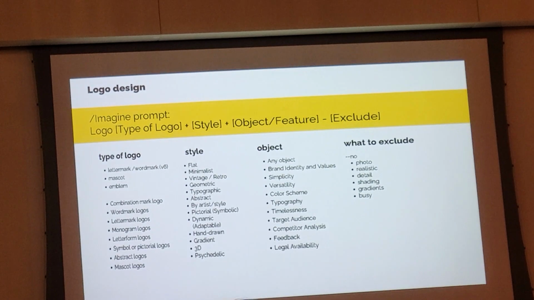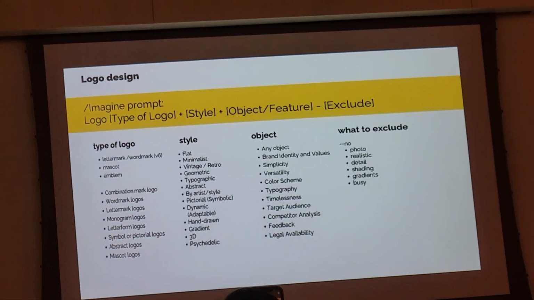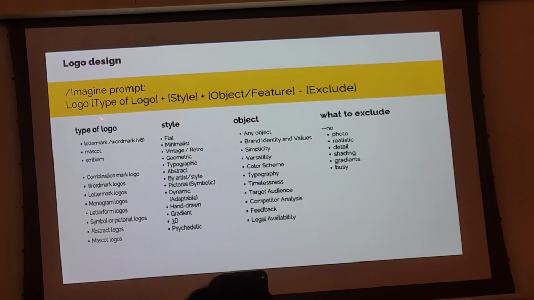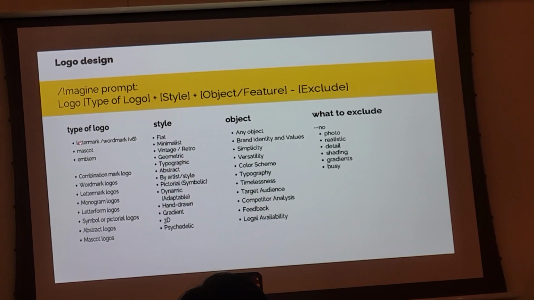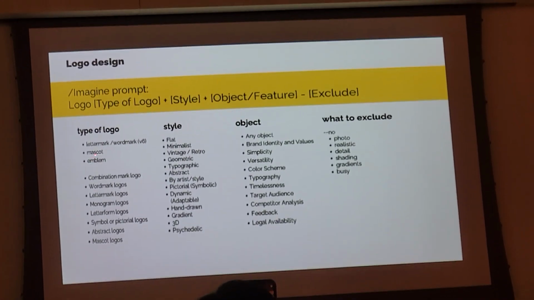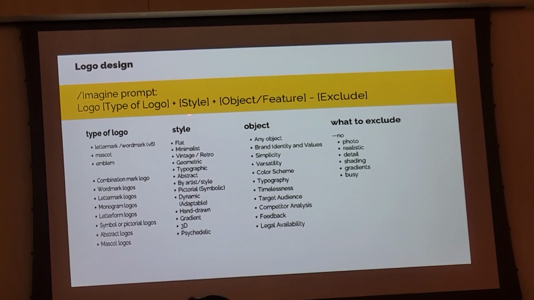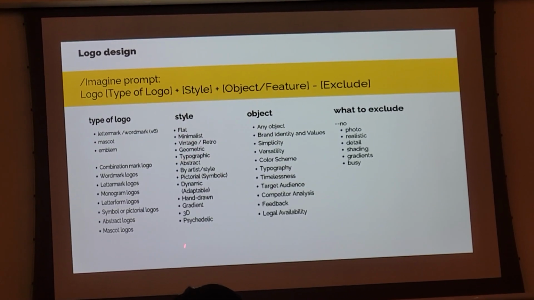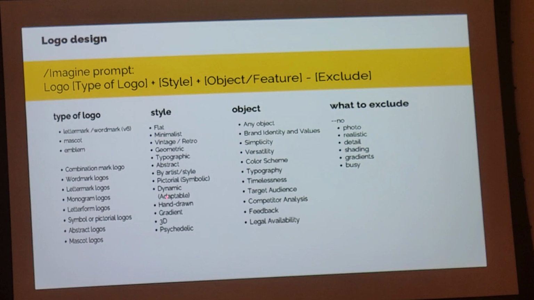So we try to put it in formulas. So let's look at logo. For logo, we have type of logo, which can be lettermark, mascot, emblem, and stuff like that. Style: flat, minimalist, vintage, all the styles you can come up with.